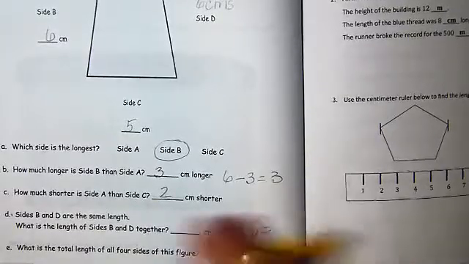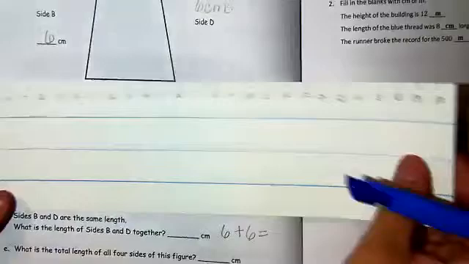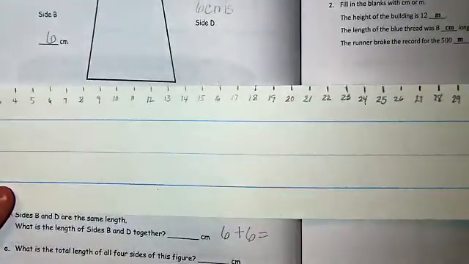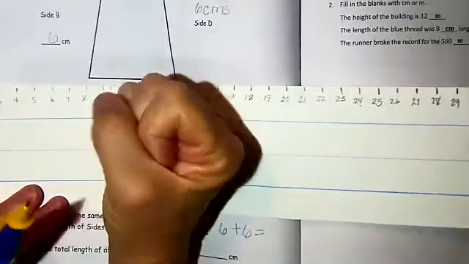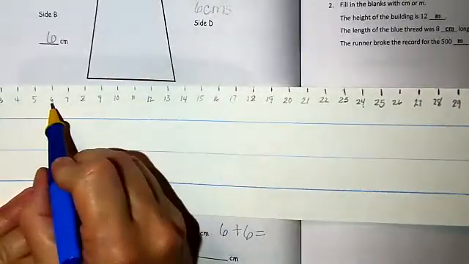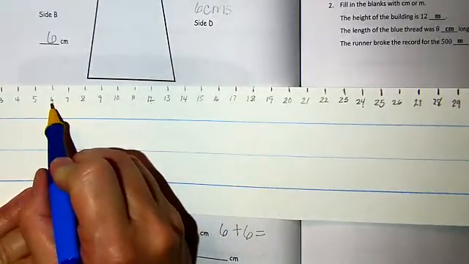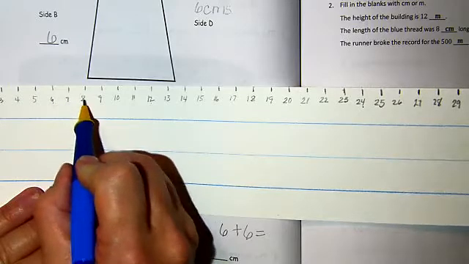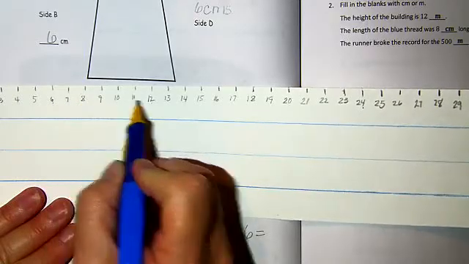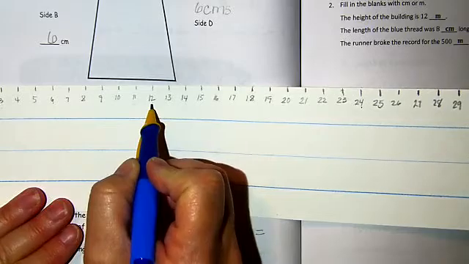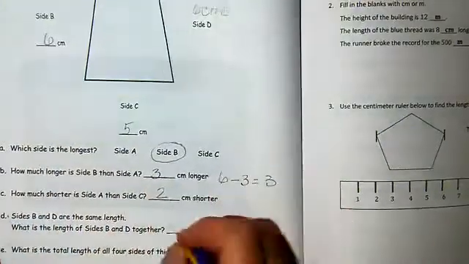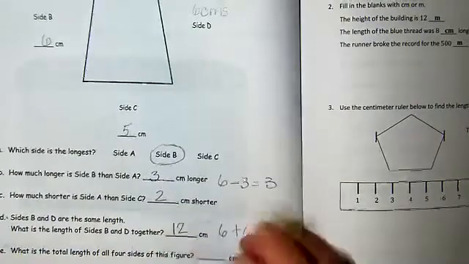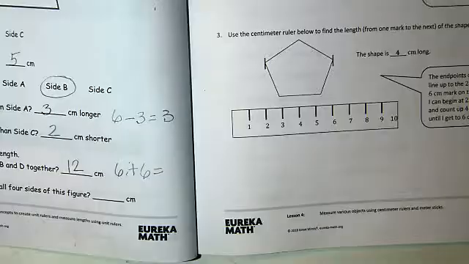If you don't, you can use your centimeter ruler number line to count it up, or your fingers. Hold 6 in your hand. Here we go, 6. Now we're going to count up 6 more. 1, 2, 3, 4, 5, 6. So 6 and 6 more is 12 centimeters.